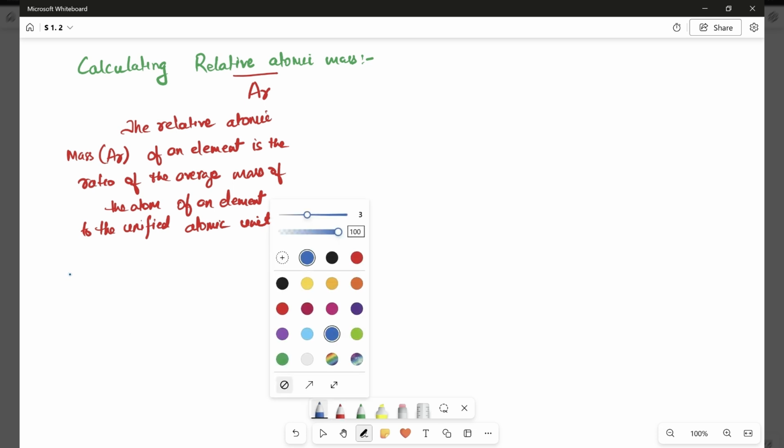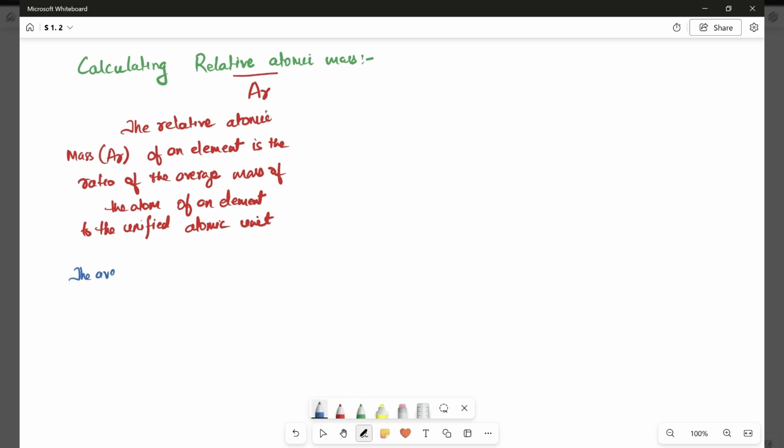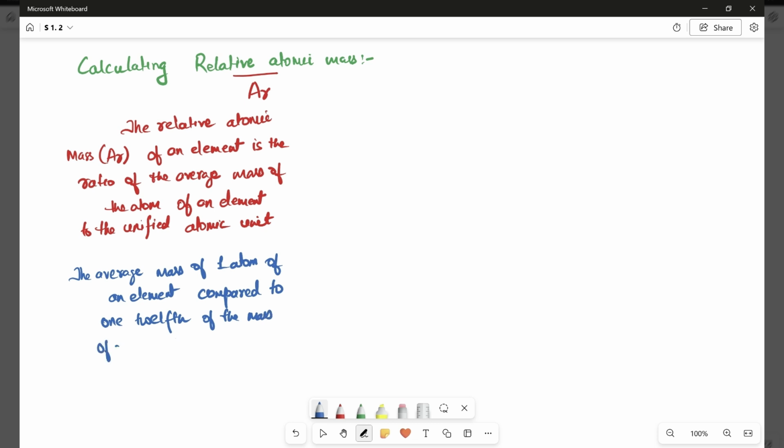You can also say that the average mass of one atom of an element compared to 1/12 of the mass of an atom of carbon 12.